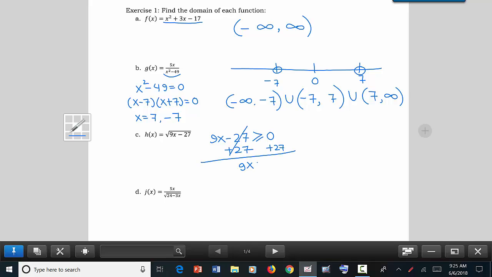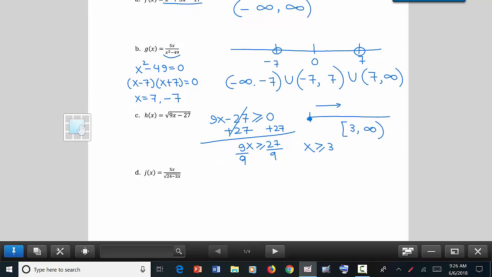So 9x is bigger than or equal to 27. Divide both sides by 9. So we get x is bigger than or equal to 3. So 3 or more, and 3 is included. That's how we write that 3 is included: bracket, and all the way to infinity. That's the final answer.